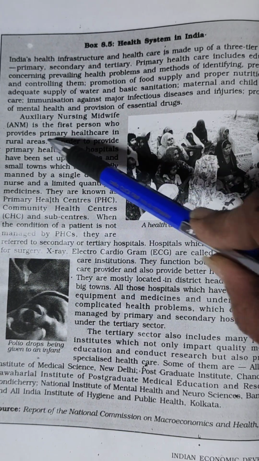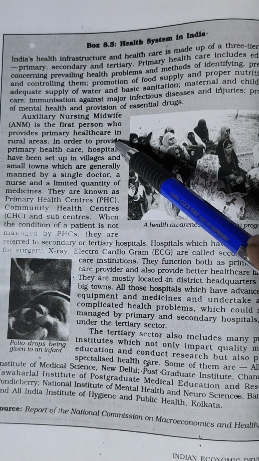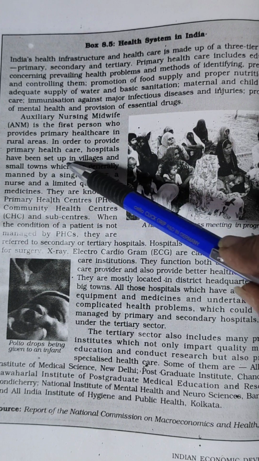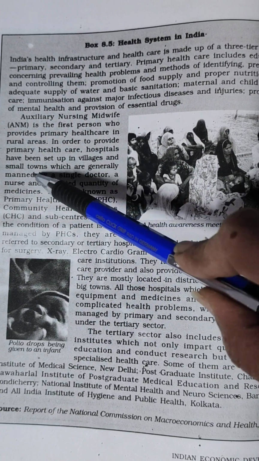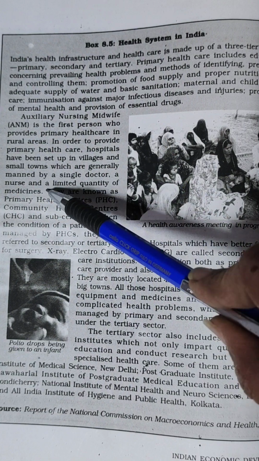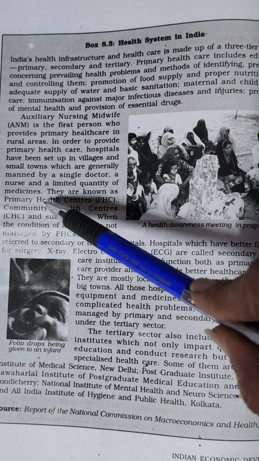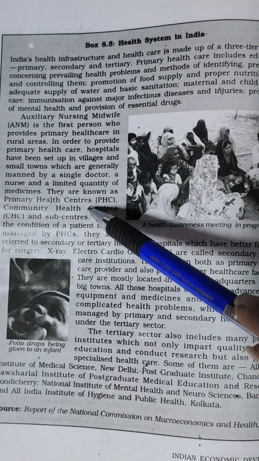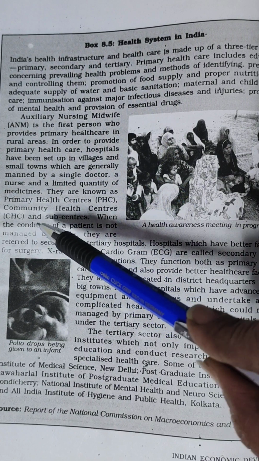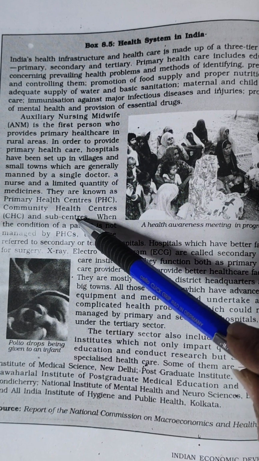Auxiliary nursing midwife (ANM) is the first person who provides primary health care in rural areas. In order to provide primary health care, hospitals have been set up in villages and small towns, which are generally manned by a single doctor, a nurse, and a limited quantity of medicines. They are known as Primary Health Centers, PHCs, Community Health Centers, CHC, and sub-centers.